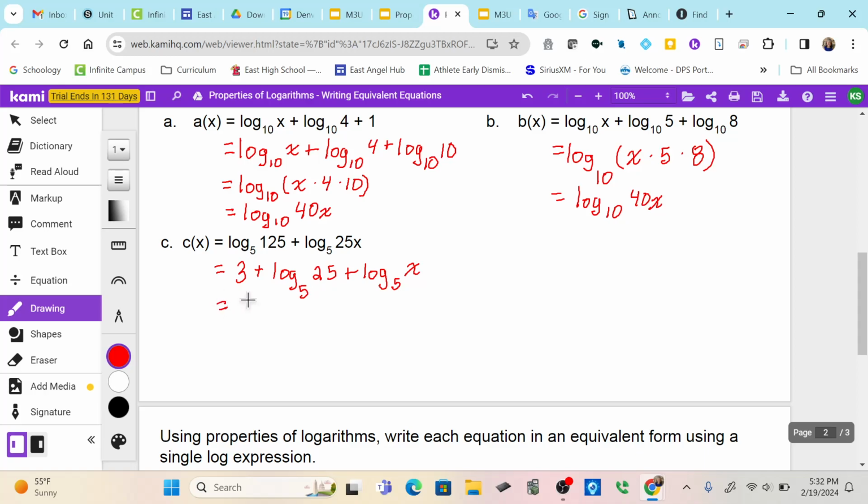So I can write this as 3 plus 2, because 5 squared gives us 25, plus log base 5 of x. And then I can combine 3 plus 2 is 5 plus log base 5 of x.